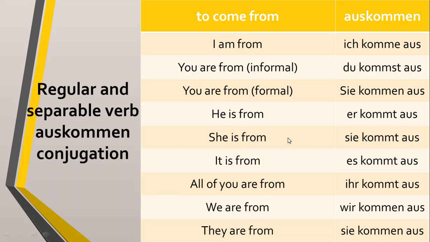I mean that its prefix, which is the word aus, separates from the verb when the verb is conjugated. So you will never say ich auskomme. No, that is wrong. You will say ich komme aus. And then comes the name of the country. So I can say for myself, ich komme aus Pakistan.